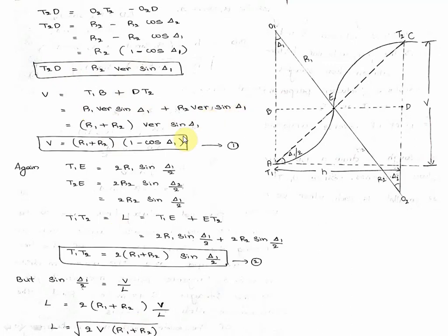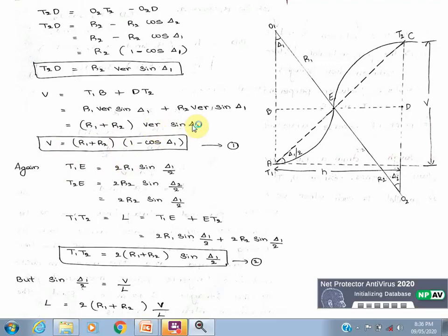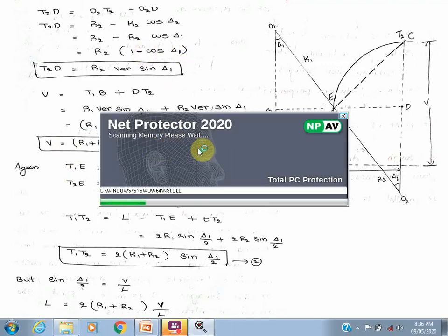Take versin delta 1 as common, that is R1 plus R2 into versin delta 1. So you can write V equal to (R1 plus R2) versin delta 1, where versin delta 1 is nothing but 1 minus cos delta 1.